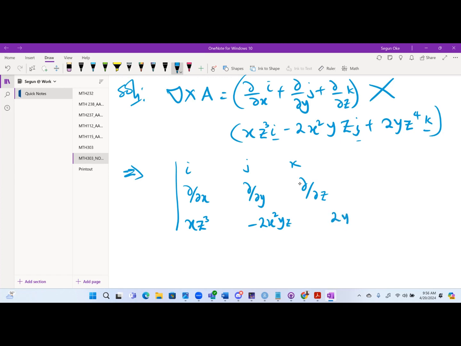I have the components including the sign, so don't forget this sign: plus, minus, plus.